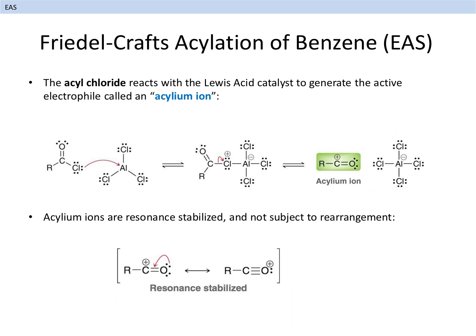The formation of the acylium ion is a crucial step in the Friedel-Crafts acylation reaction because it acts as the electrophile that will subsequently react with the benzene ring to form the acylated aromatic compound. Let's go to the next page and look at how that part of the mechanism works.